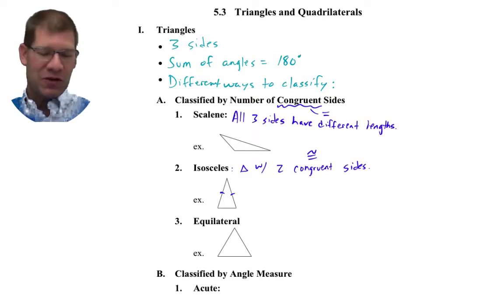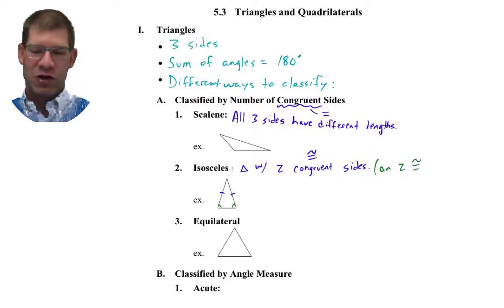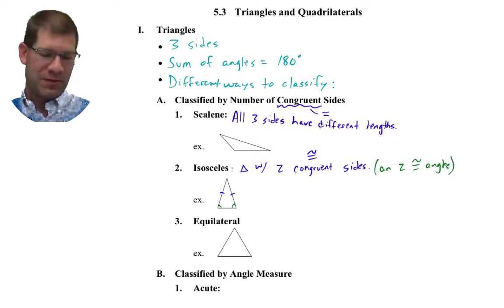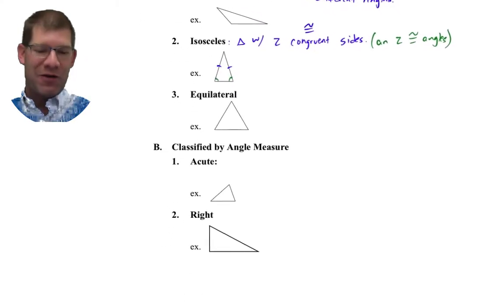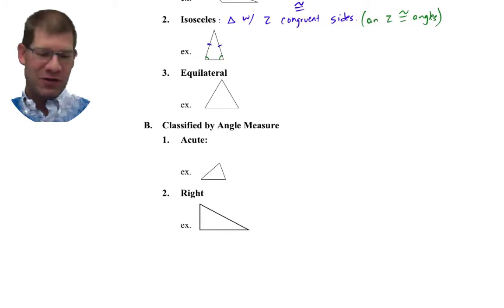The other thing you'll notice is that we also have two angles that are the same, and that's true for every isosceles triangle. So you could say, and two congruent angles as well. Now, equilateral has that word equal in there. Equilateral is where three sides are congruent and three angles are congruent.